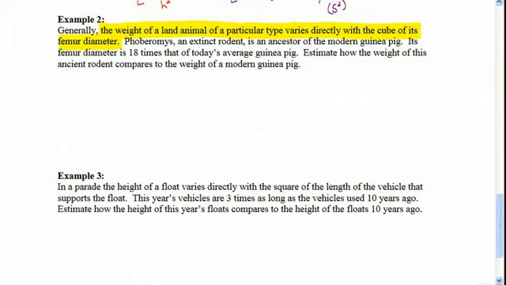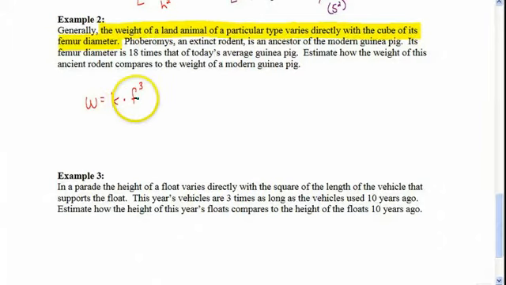So remember, our first step is to set up a general variation equation. So we would have the weight varies directly, so it's going to be k times something, the cube of its femur diameter. So I'm just going to use f cubed. So now if this extinct rodent, if its femur diameter is 18 times that of today's average guinea pig, we want to figure out how that affects the weight compared to today's average guinea pig.